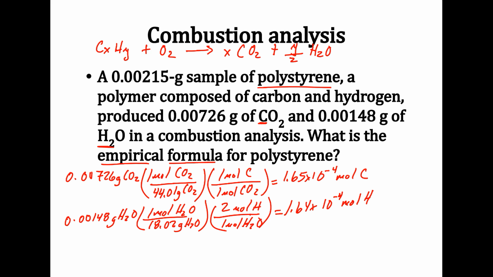In this case, they're both essentially the same number. There's probably a little bit of error from rounding off the molecular weights or truncating the result from the calculator. But whenever we go through and divide, we end up getting a 1-to-1 ratio. So the empirical formula for this polystyrene is CH.